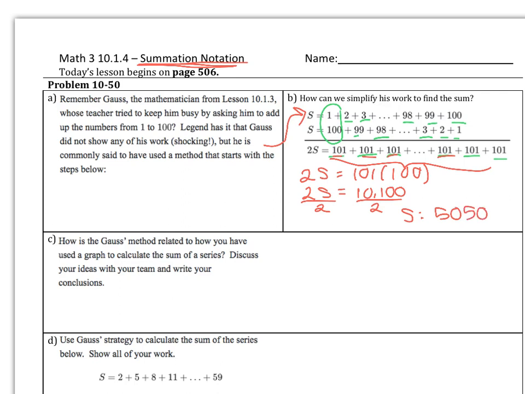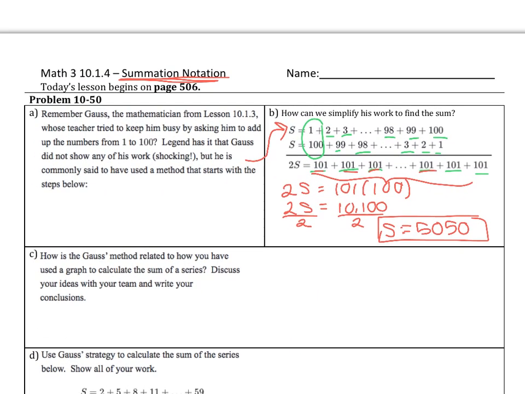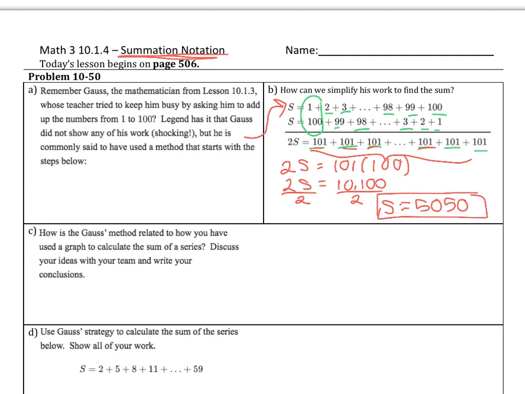So we have already computed this sum in a prior class, but here we just see how Gauss did it a little differently. So the interesting thing here is, how is this method, adding up the series to itself and then dividing by 2, how does that relate to how we've used the graph?